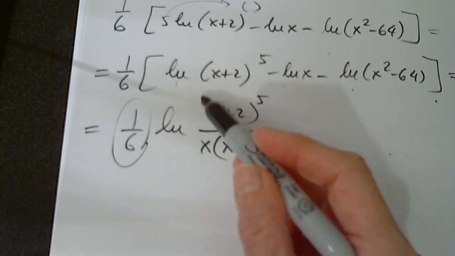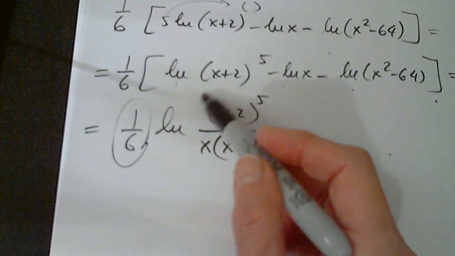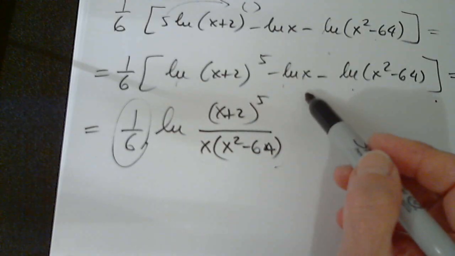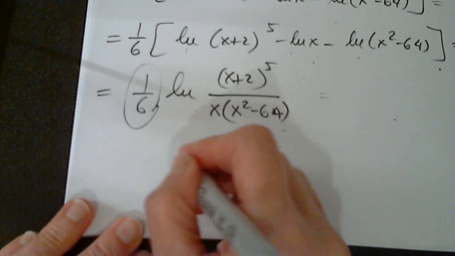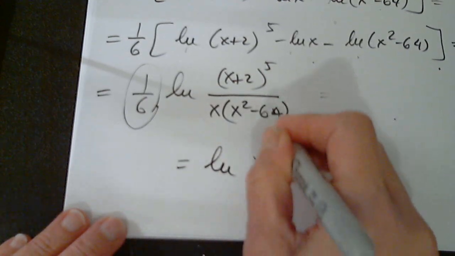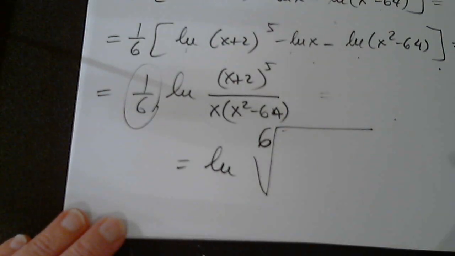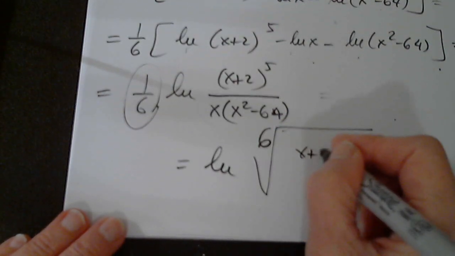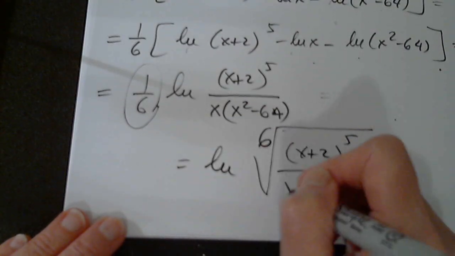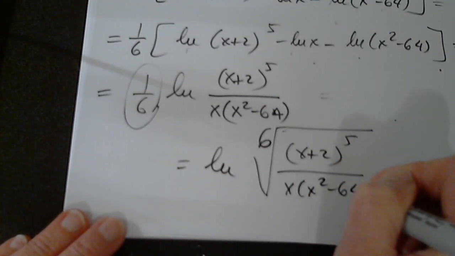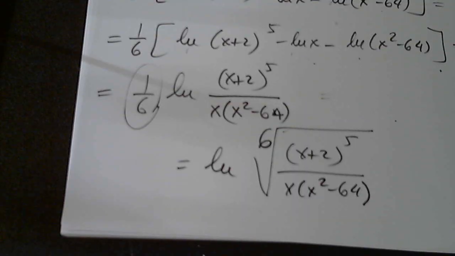But this is basically the 6th root, because this will be the power 1/6. So then, natural log the 6th root of x plus 2 to the 5th over x squared minus 64.